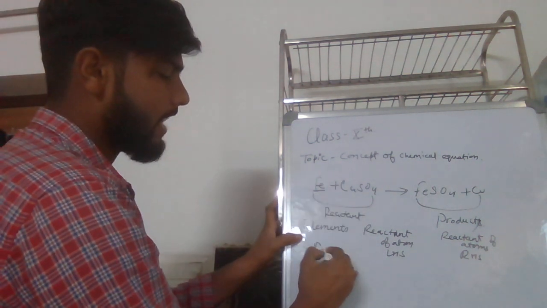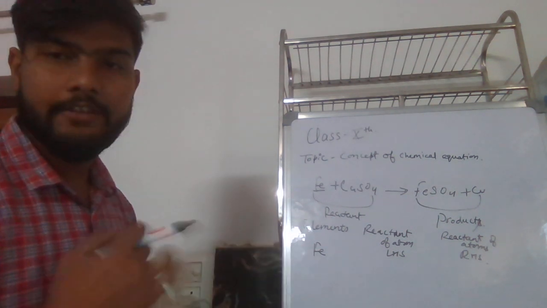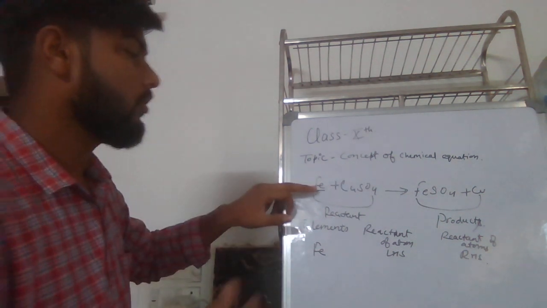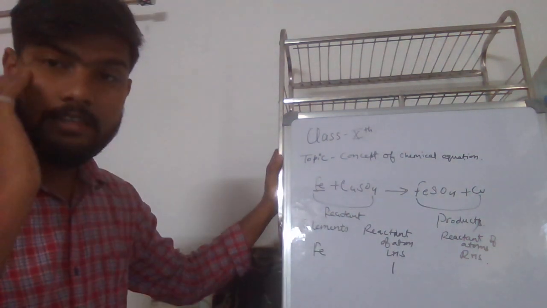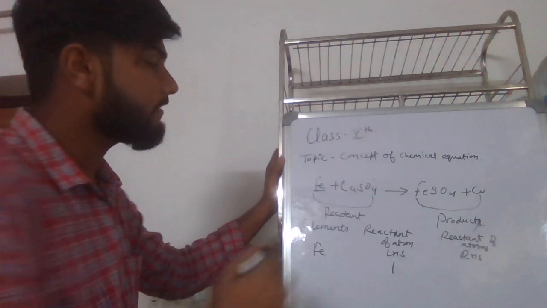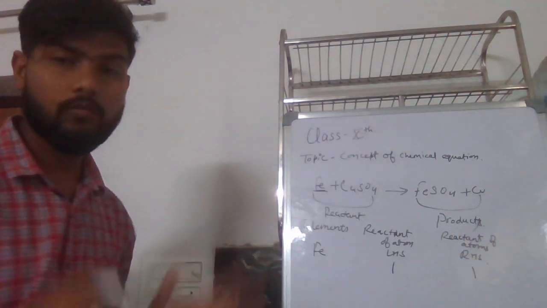First I am taking Fe. The number of atoms in the reactant is 1, so we write 1. On the right hand side you can also see there is 1 atom.